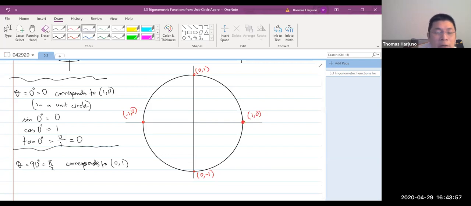This angle here, if this is 90 degrees, or pi over 2. Now, because that's 90 degrees and the radius is 1, then we know right away that sine 90 degrees is the y component.